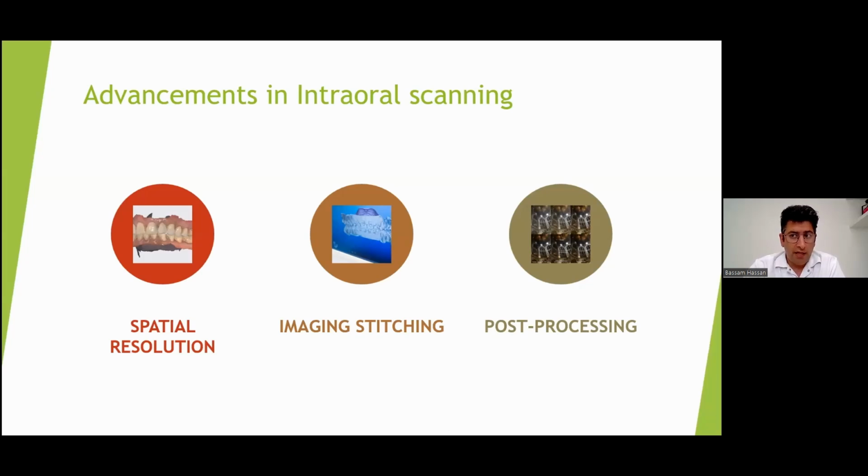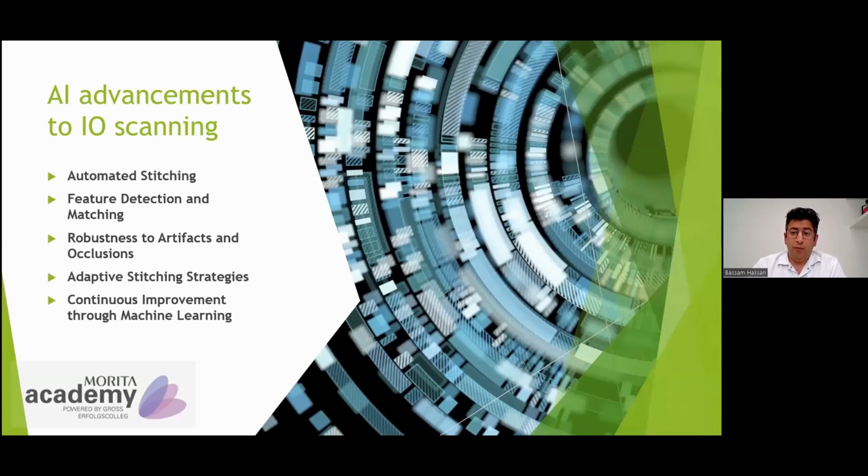has advanced as quickly and, let's say, as immensely as intraoral scanning technology, especially with the new generation of IO scanners, in which they rely on AI for doing automated stitching.